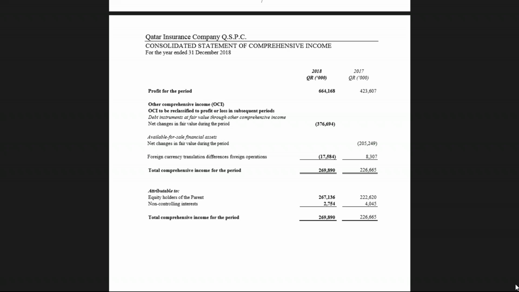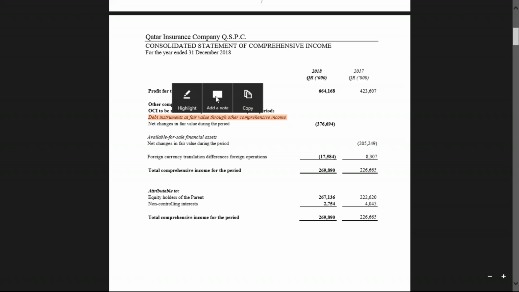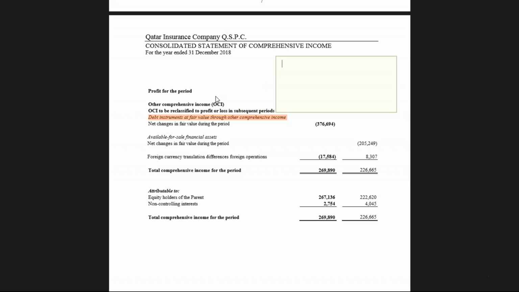So that's your other comprehensive income. So this is an asset which is FVOCI.